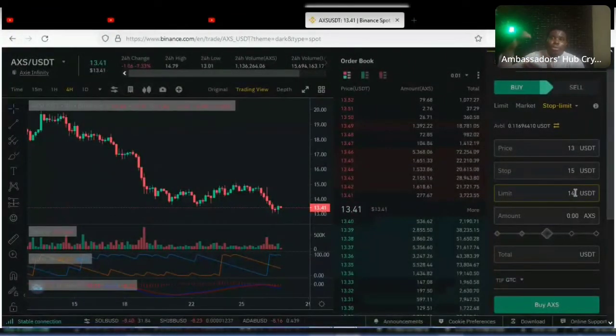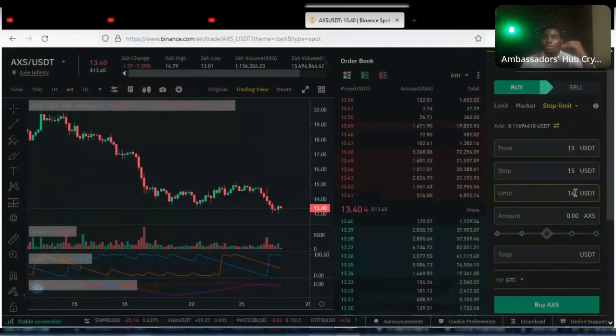You're expecting the market to continue going up, right? You know this market will get to $15, but you don't want to buy at the current price. You can say, okay, if the market gets to $14, let it buy for me. If the market gets to $14, automatically the market will take you in. You'll be active in the market.